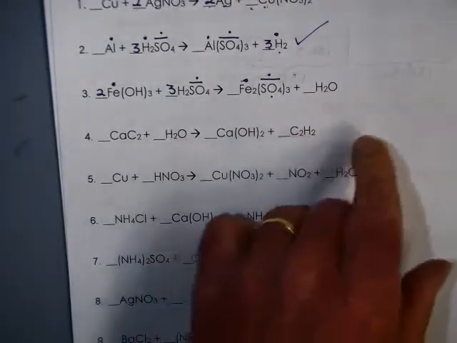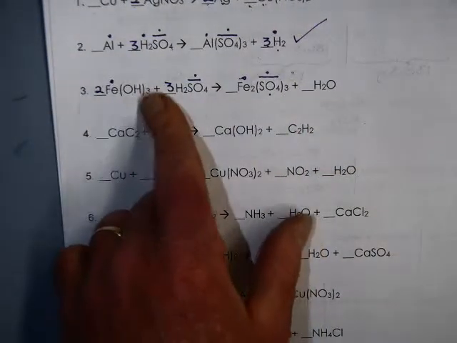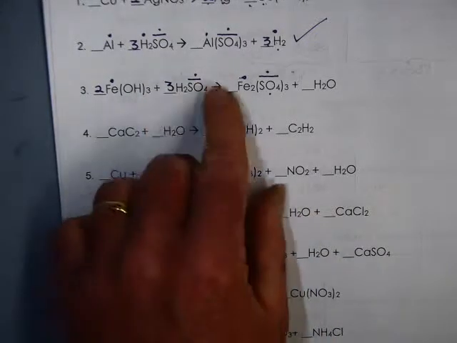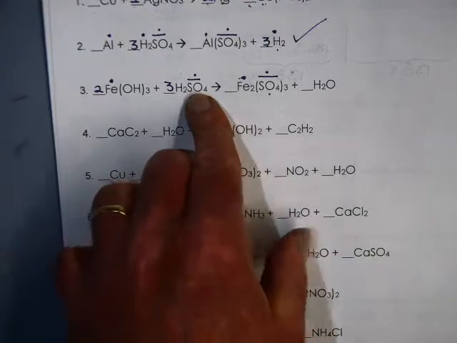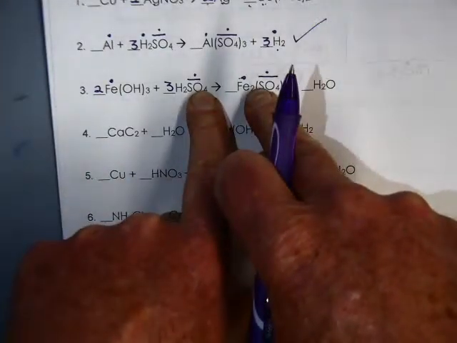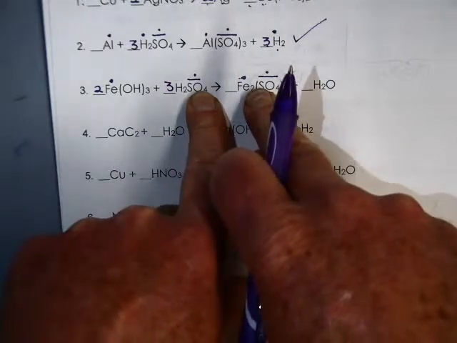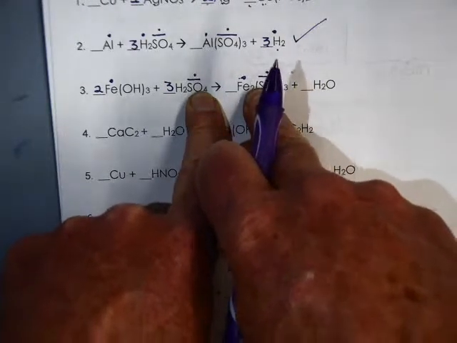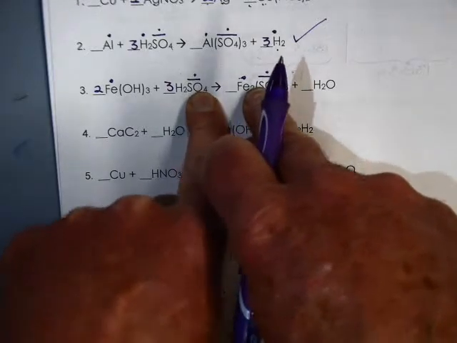Okay. If I go back here, how many oxygens do I have? I ignore the sulfates because the sulfates are balanced here. This is an important point. Because they're polyatomic ions, I dealt with them like they're single atoms. They are now out of the way.